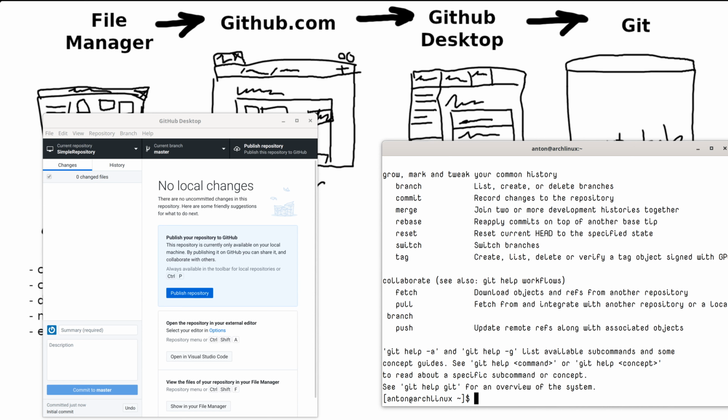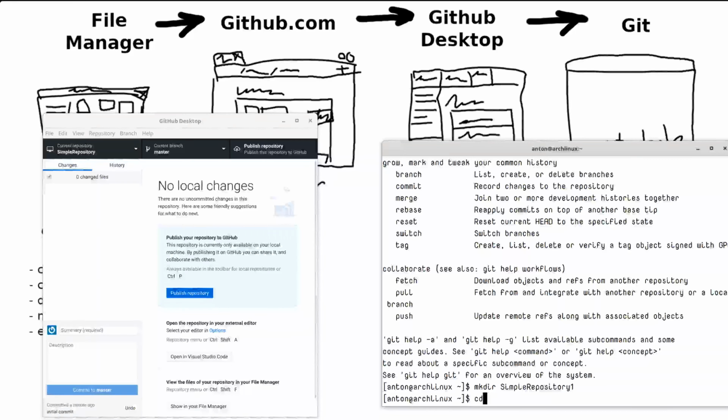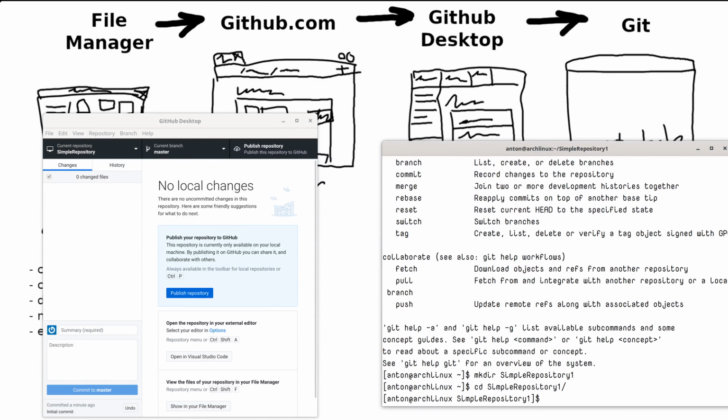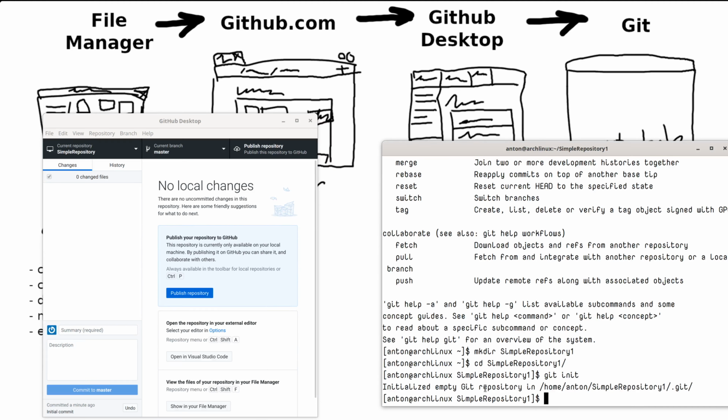So you need to create a folder, mkdir simple-repository-1, and move to this directory, and this will be the base for our repository. Now run git init to initialize this repository, and now this is basically the same empty repository.